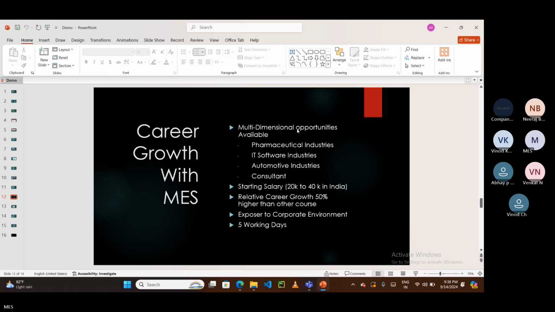And career growth is also good. Someone doing Python programming or Java programming gets a good salary, but you should understand their pain also. It's not only MES, they are also getting good pay.